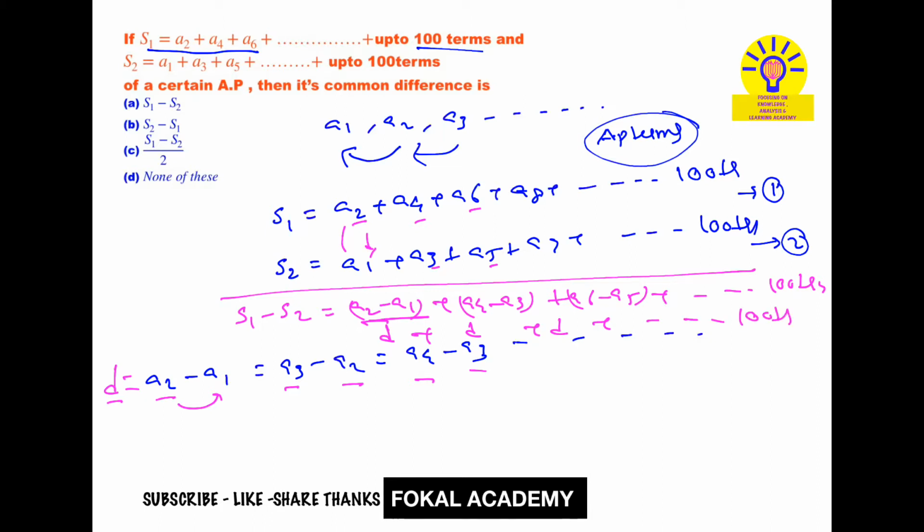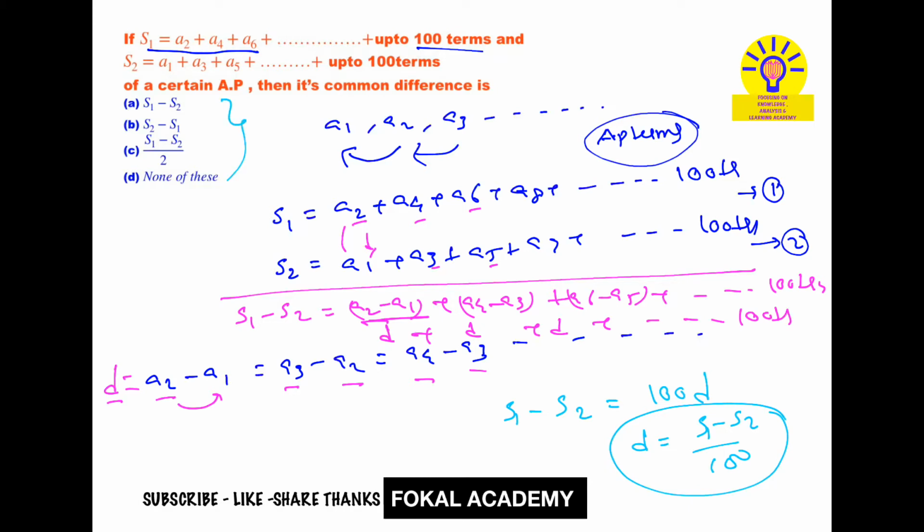So S1 minus S2 is equal to 100D. From this, the common difference is equal to S1 minus S2 by 100. When you observe the options, S1 minus S2 by 100 is not given, so option D is the correct option for the given problem.